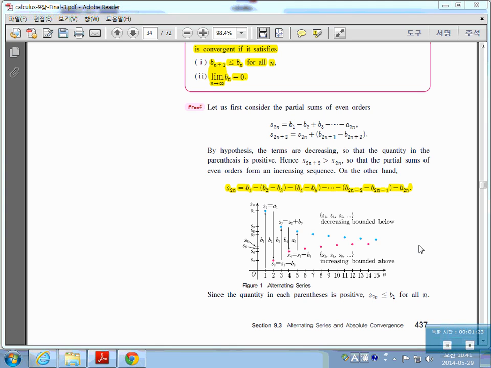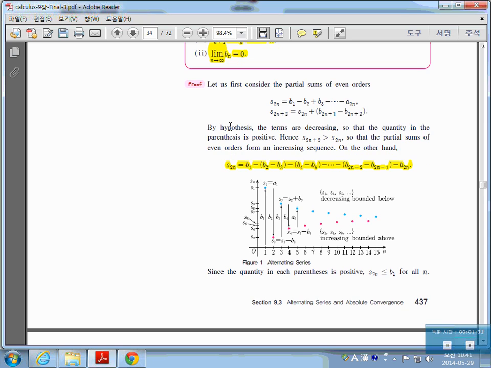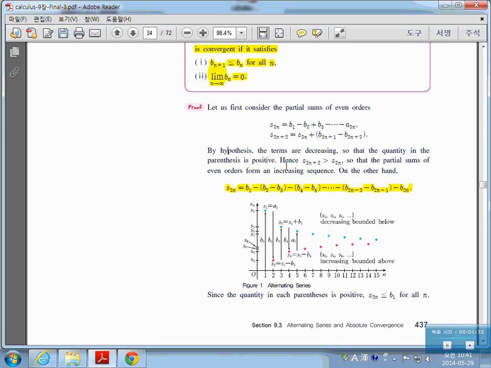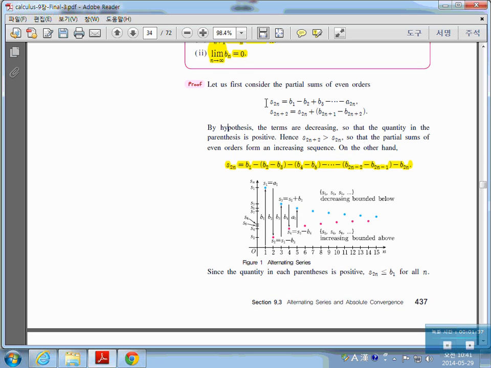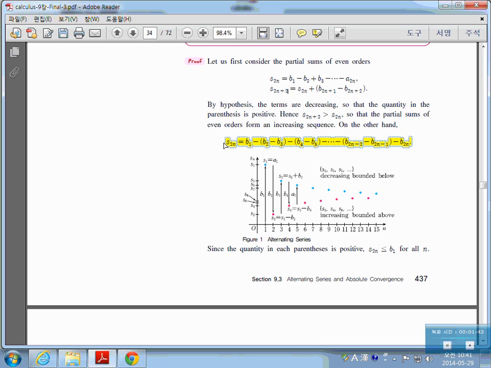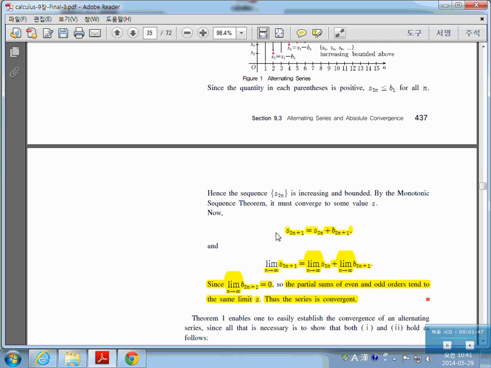As Mr. Kim mentioned, these two conditions should be satisfied together. This proof shows why both of the conditions are needed. In this proof, we consider S_2n and S_2n+2 to find the general term S_2n, which can be written in this way.